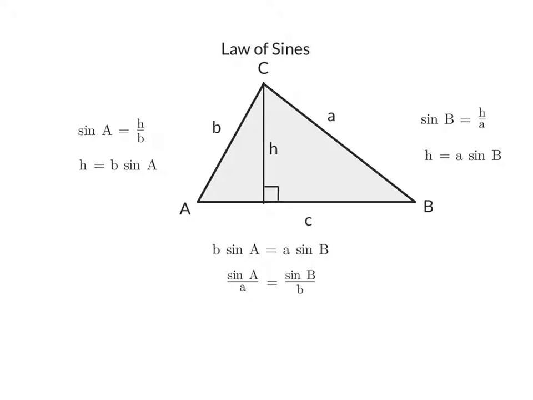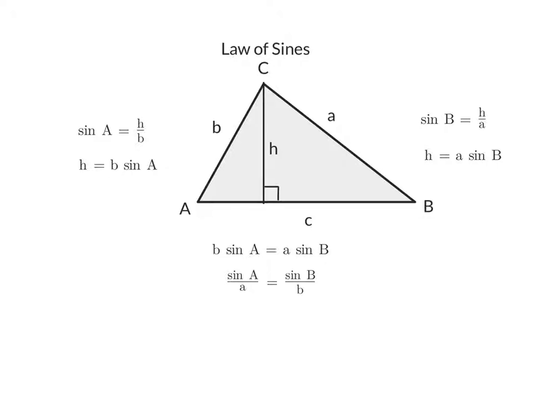Now, this is true for any triangle. As you recall, we set this up originally as just a general triangle, ABC, and so this is true for any triangle. What we could also do is extend this, and if we were to include an altitude from B to AC, we would find that we could add that the sine of capital C over little c is equal to the sine of capital A over little a.